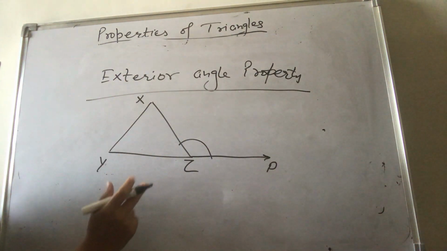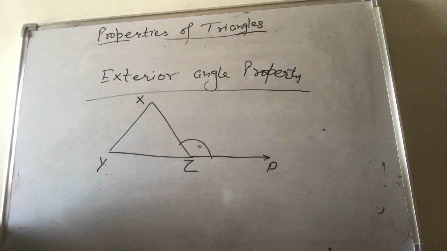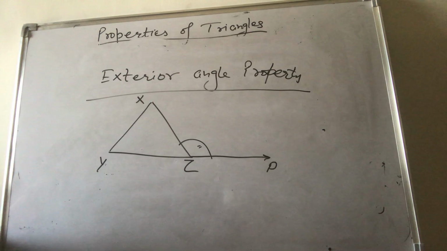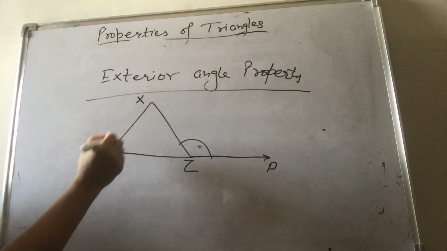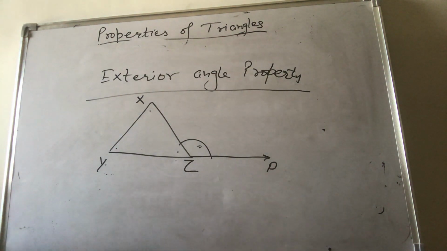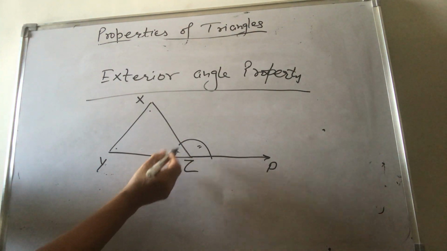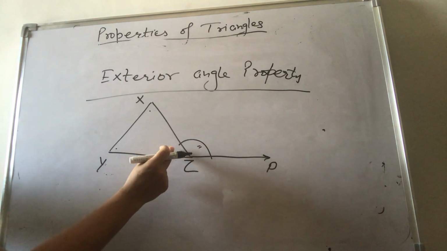The property is that the exterior angle of the triangle is equal to the sum of two interior opposite angles. In the interior, we have three angles, angle X, angle Y, angle Z. But our property says that the exterior angle is equal to the sum of two interior opposite angles. That interior angle is adjacent to this exterior angle, it is joined right next to it.